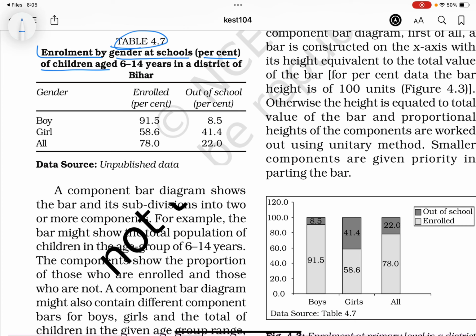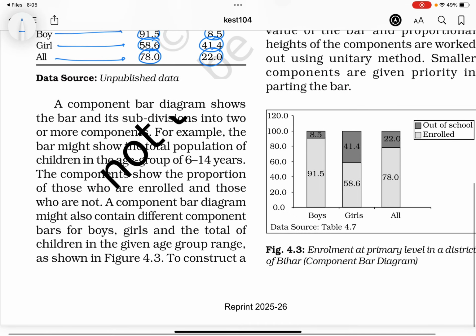Percent of children aged 6 to 14 years in a district of Bihar. Boy 91.5, out of school percent 8.5, girl 58.6, 41.4, all 78.0, 22.0. A component bar diagram shows the bar and its subdivisions into two or more components.